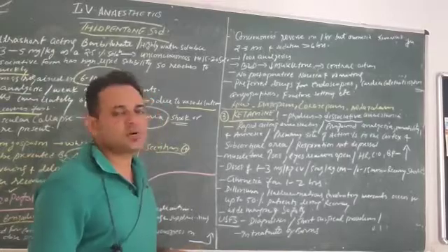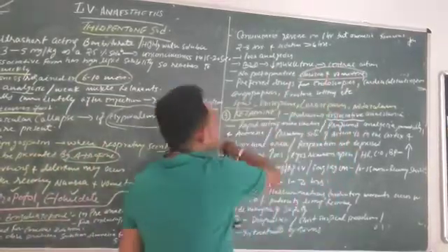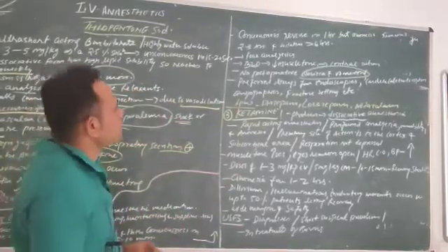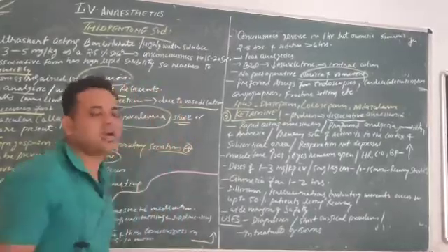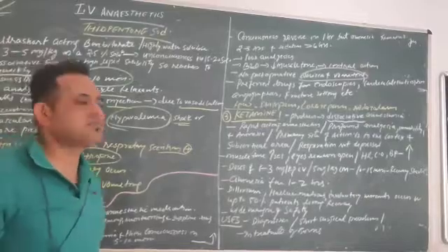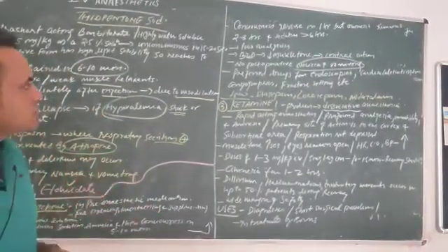No post-operative nausea and vomiting, which we saw with thiopentone sodium, does not happen here. It is the preferred drug for endoscopies, cardiac catheterizations, angiographies, fracture settings, etc. These are minor procedures, so it is used in that way.